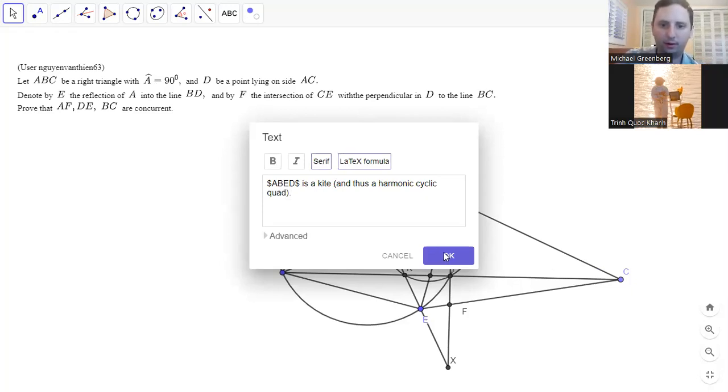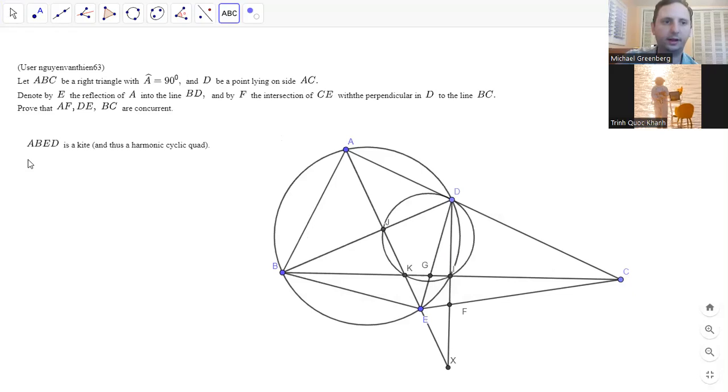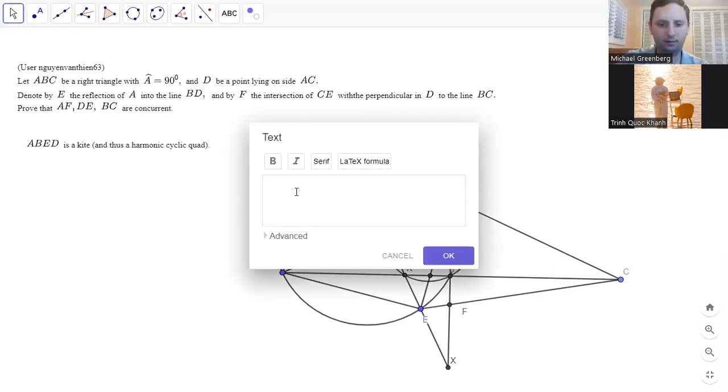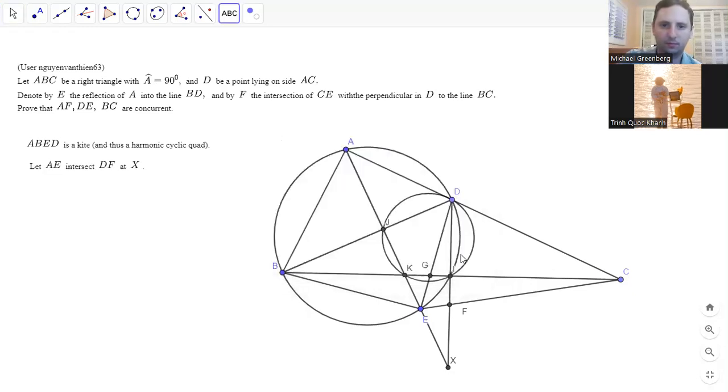And then let AE intersect DF at X. And basically, yeah, we want to show that those four are harmonic.